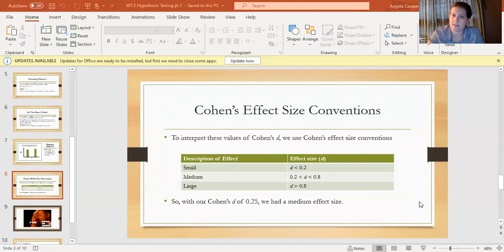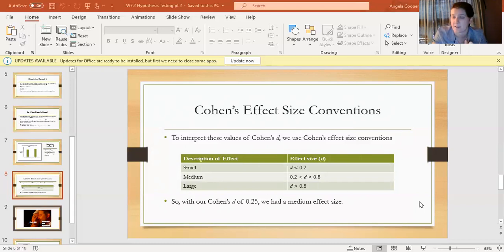So if your Cohen's d, and this is just the number, if it's a positive or negative, don't worry about that in terms of determining the strength. A positive or negative is going to be whatever strength that the number is. So if you have a negative 1.5 Cohen's d, don't think that that is a small effect size because it's less than 0.02.